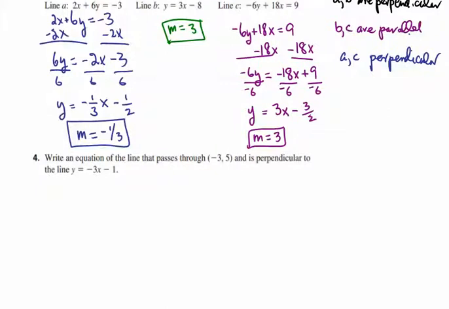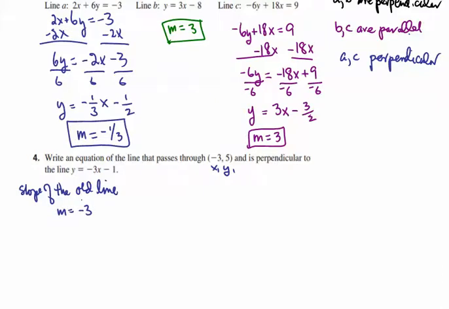With problem number 4, I want to write an equation of a new line that passes through this point negative 3 comma 5. I'll label that x1, y1, and it's going to be perpendicular to the line y is equal to negative 3x minus 1. So remember that the slope of the old line, we can tell just by looking, is m is equal to negative 3.